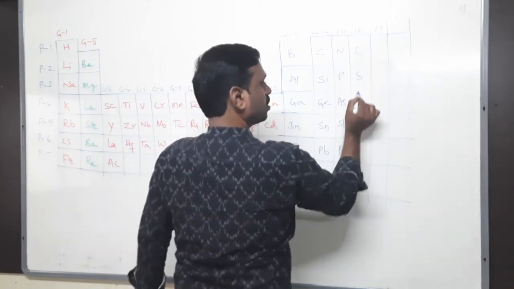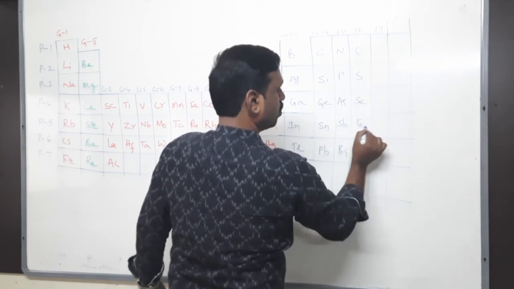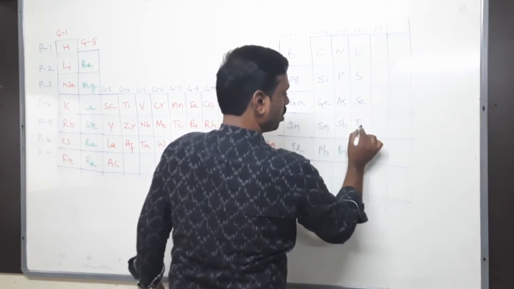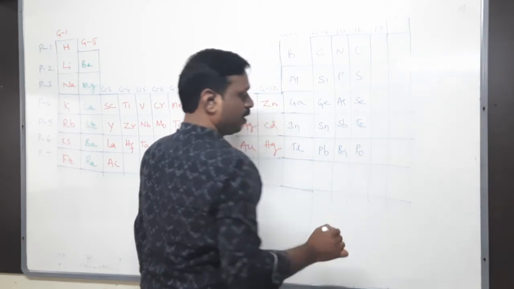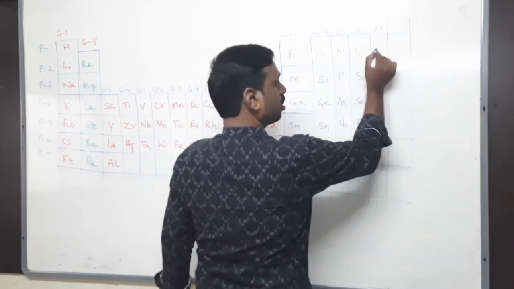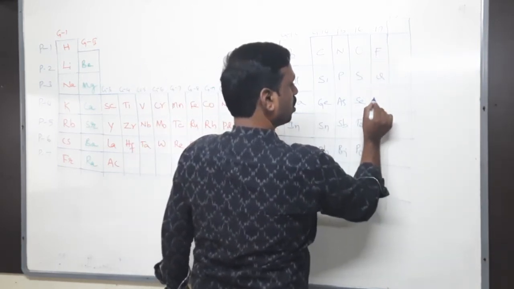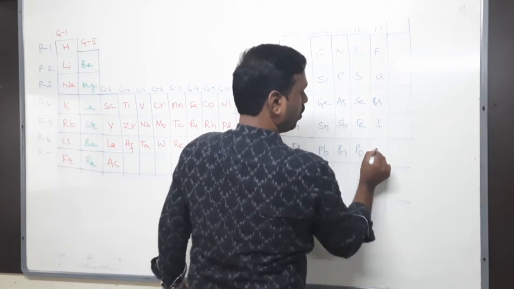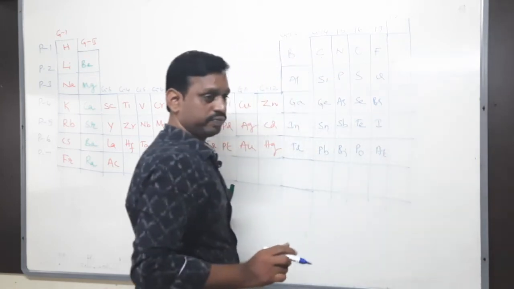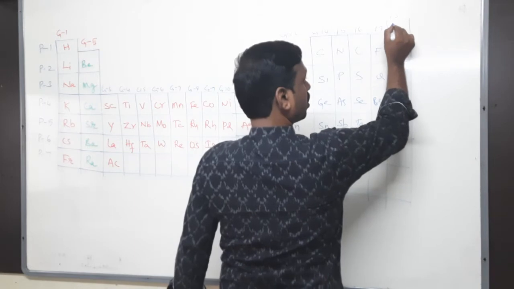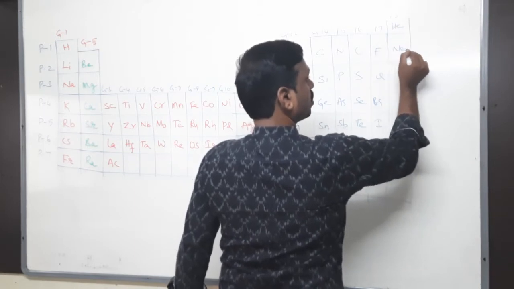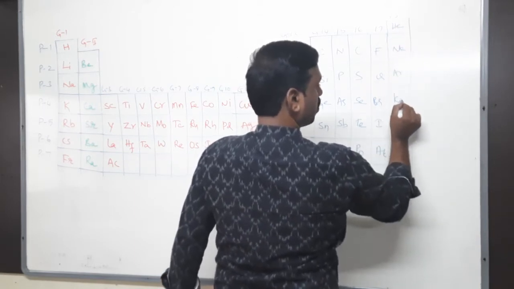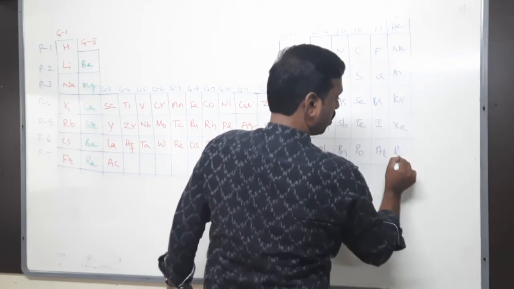Oxygen, sulfur, selenium, tellurium, Te, polonium, Po. Here, fluorine, chlorine, bromine, iodine, astatine. Next, here, helium, neon, argon, krypton, xenon, radon.